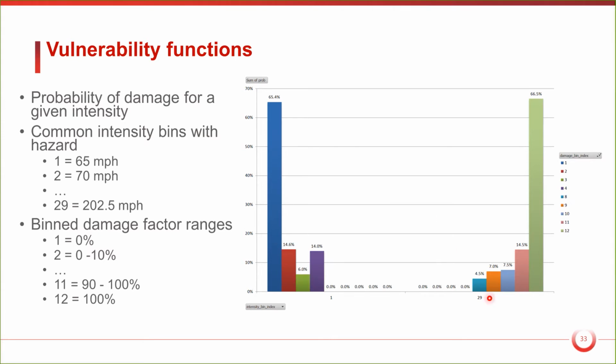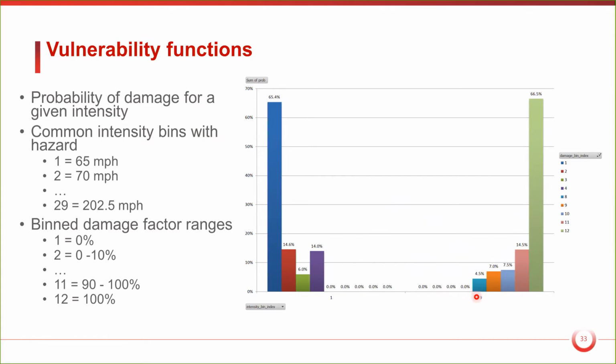Just going over to the other side of the equation here, for my intensity bin 29, which is my very high wind speed, 202 miles per hour, I obviously have much higher probabilities of higher damage. So I've got a 66% chance of complete damage in this case, and then a 14% chance of 90 to 100% damage, and so on through these scales.